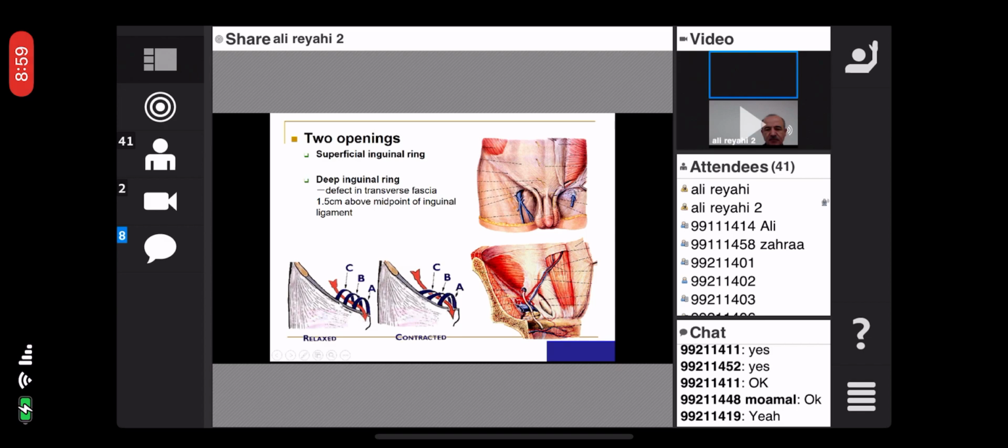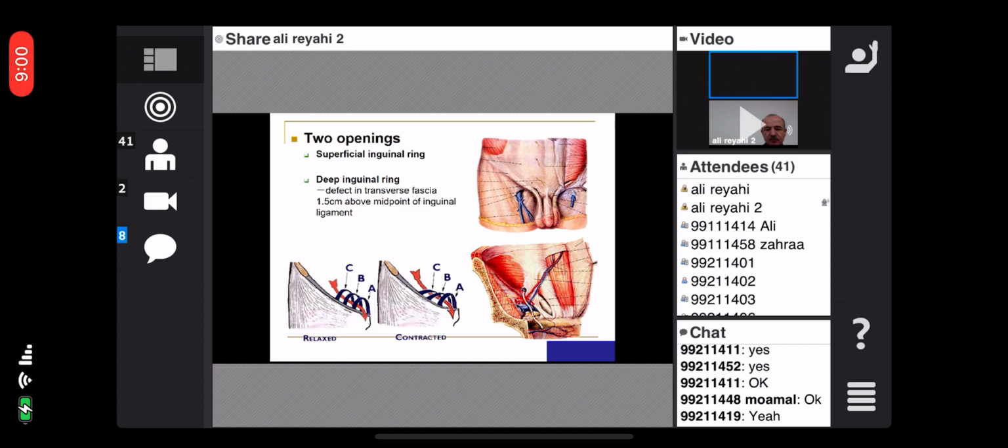Above the midpoint of the inguinal ligament, we can see the deep inguinal ring, a defect of transverse fascia that forms the deep inguinal ring, and some structures like the ductus deferens and ligament of uterus in women.